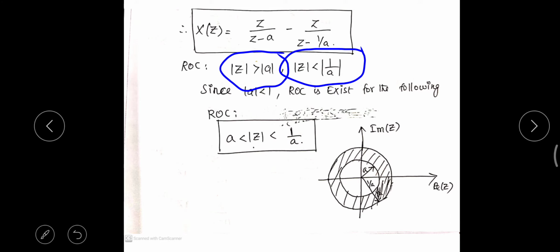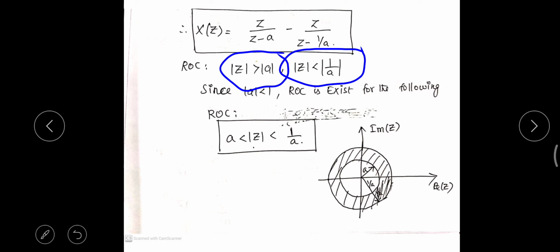So obviously my ROC lies between a and 1 by a. If a is equal to 0.5, then 1 by a is 2. So the ROC is between 0.5 and 2. Now to find the stability, check whether my unit circle lies in the ROC.